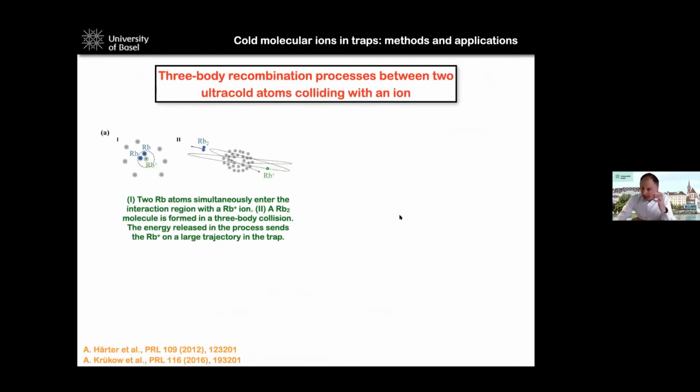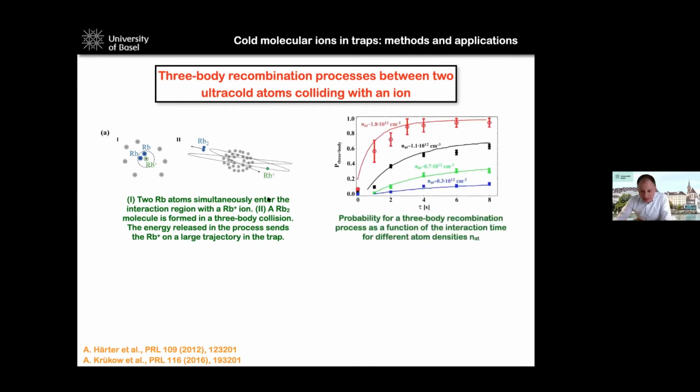Another quite interesting phenomenon that can happen in these hybrid traps, when you have very dense clouds of neutral particles, is three-body processes. That has been explored in quite some detail in Johannes Hecker Denschlag's group in Ulm, in experiments where they looked at both rubidium plus and barium plus ions in ultracold rubidium clouds.